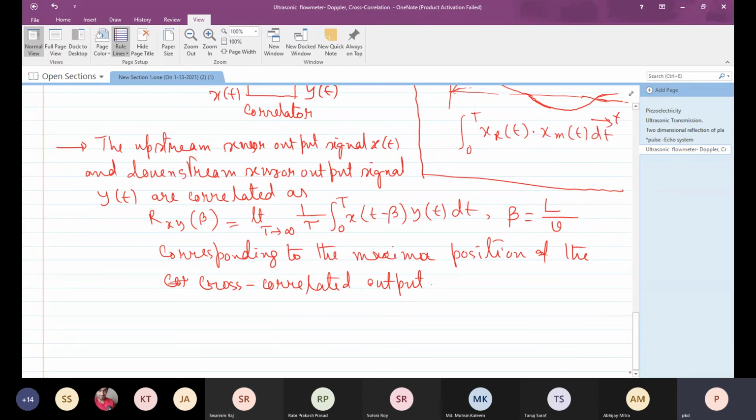So if we take T sufficiently large, then the noise floor will be minimized.